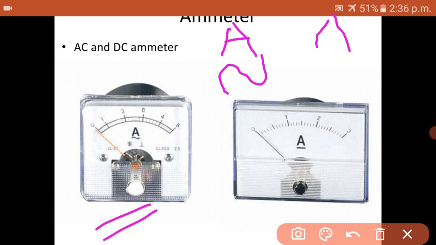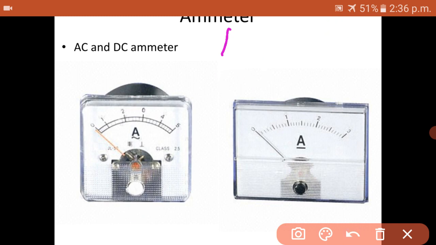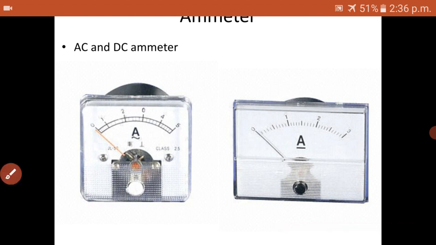These are the two types of ammeter. When we have to measure AC quantities, we use the AC ammeter, and when we have to measure DC current, we use the DC ammeter.